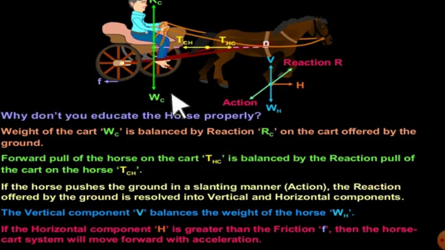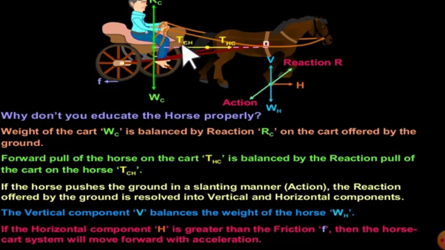Let's see. No doubt your cart has its own weight, okay, and there will be a reaction given by the earth onto the cart also. That is what weight is. The weight of the cart is the action, and the reaction on the cart is vertically upward, so they will balance each other, no doubt.